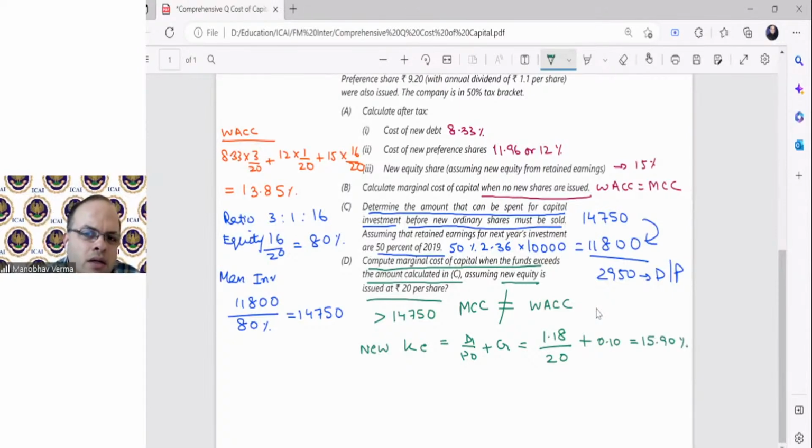And hence, you guys can calculate the marginal cost of capital now, whatever it comes.